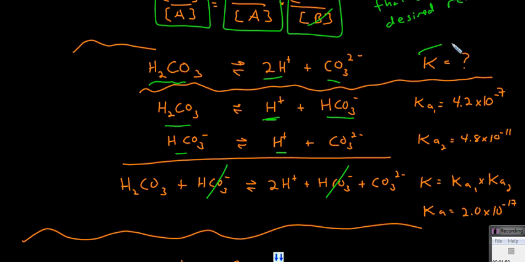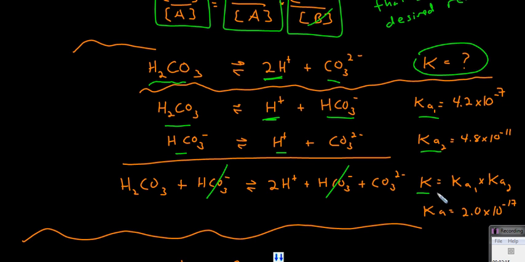So you can find the equilibrium constant for this overall process where we release 2 protons by finding the equilibrium constant for each of these summative reactions. Being that these 2 reactions add up to our overall reaction, we can multiply the equilibrium constants of those 2 reactions to find the equilibrium constant of this overall reaction.